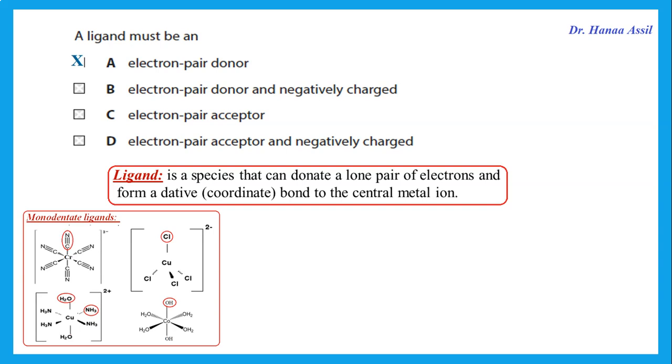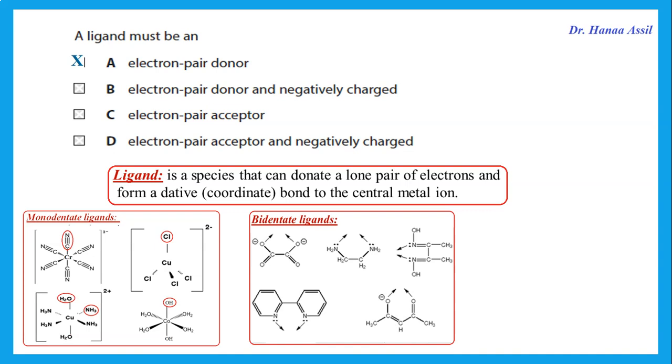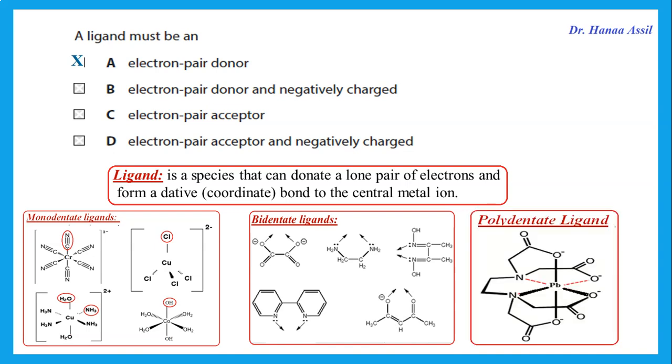You should know that we have monodentate ligands, bidentate ligands, and polydentate ligands. So a ligand is something that has extra lone pair of electrons. So cyanide, C triple bond N, is a ligand.